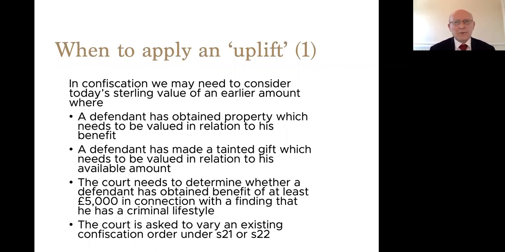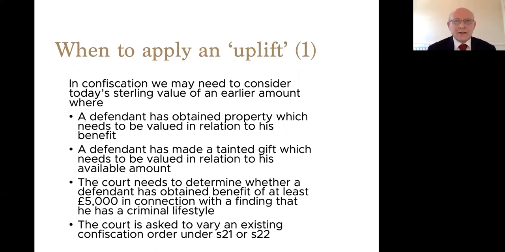And as you're probably aware, what Section 21 is dealing with is the situation where at the time the confiscation order was made, the prosecution did not have information, which they now have, which related to the benefit obtained by the defendant prior to that date when the confiscation order was made. And so in those circumstances, if the conditions are met, the prosecution can go back to the court and say, we want a reconsideration of the benefit calculation.